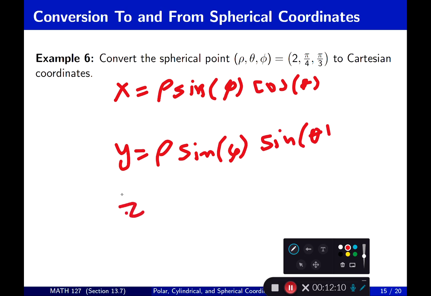And we figured out z is equal to rho cosine of phi.